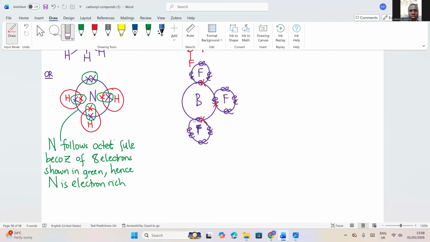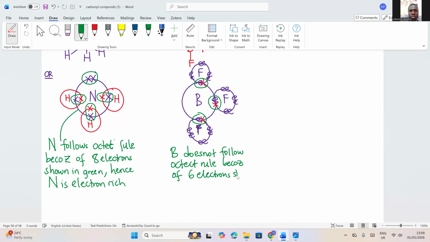B does not follow the octet rule, because of the 6 electrons shown in green.